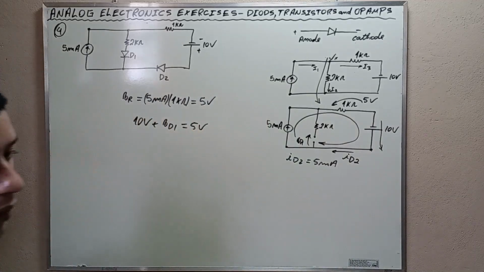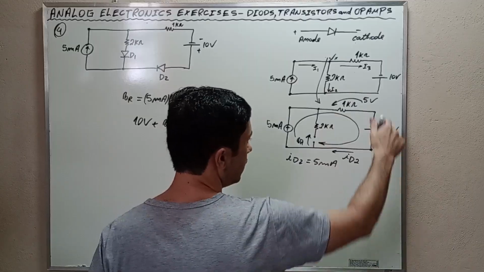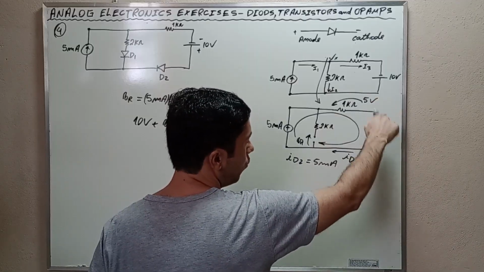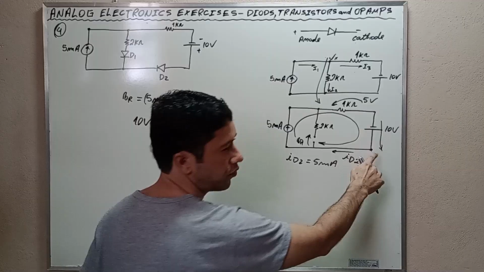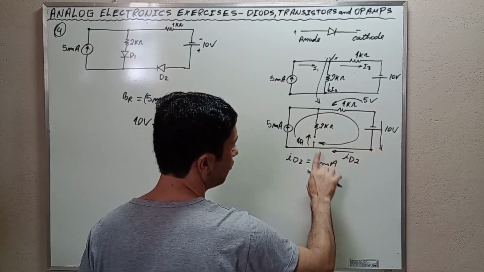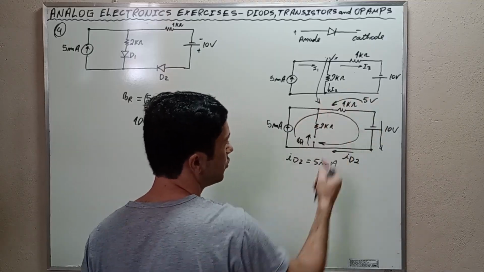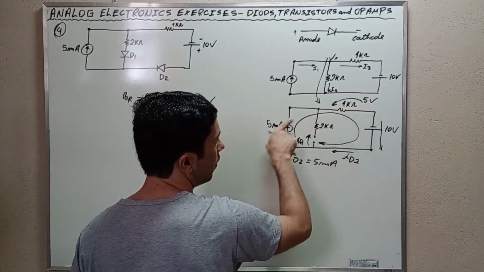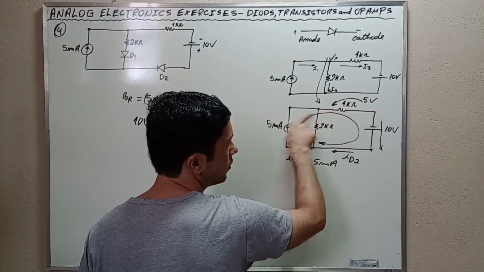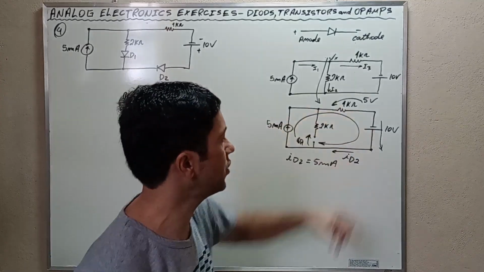There is a loop there that we can use to understand the voltages around this loop here. 10 volts is pointing downwards, okay? You have to understand this, that it is pointing downwards. VD1 is this, and we have 5 volts in this direction because the current of the current source flows in this direction here.